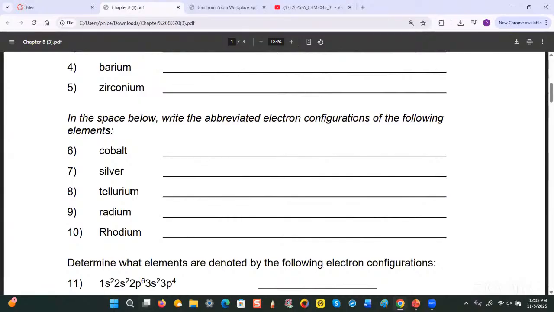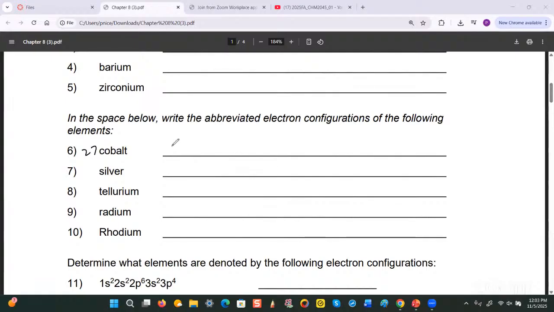So in the case of cobalt, what's the atomic number of cobalt? Can somebody tell me? 27. So what I would do if I were you, since you're learning this for the first time, is write down the full configuration first.